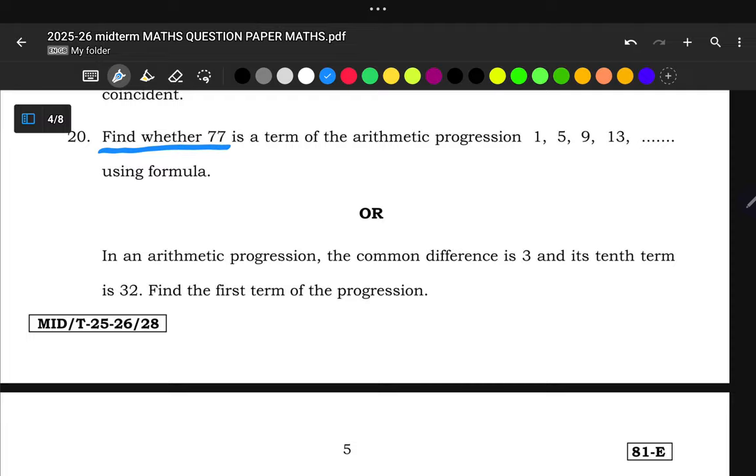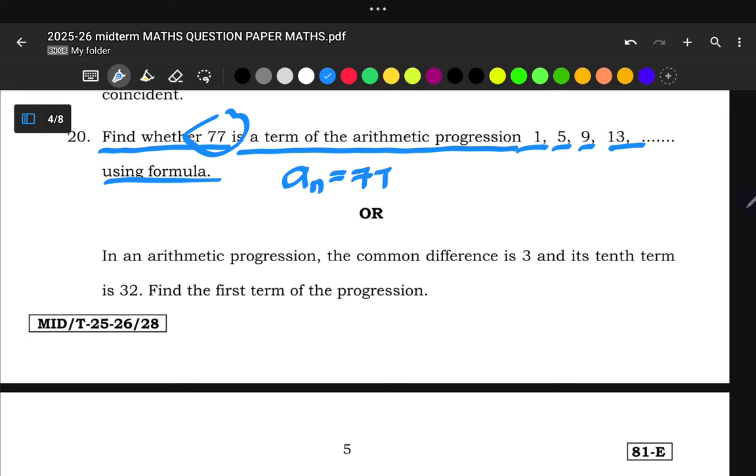Find whether 77 is a term of the arithmetic progression 1, 5, 9, 13 using the formula. See, find whether 77 is a term of the arithmetic progression. It means 77 is a term of the AP, that is an is equal to 77. Is it any term of this AP?